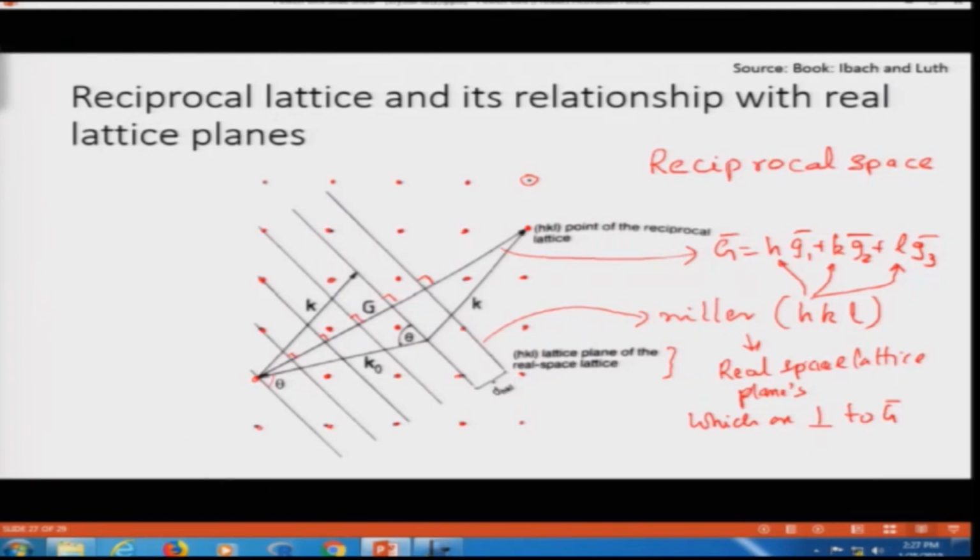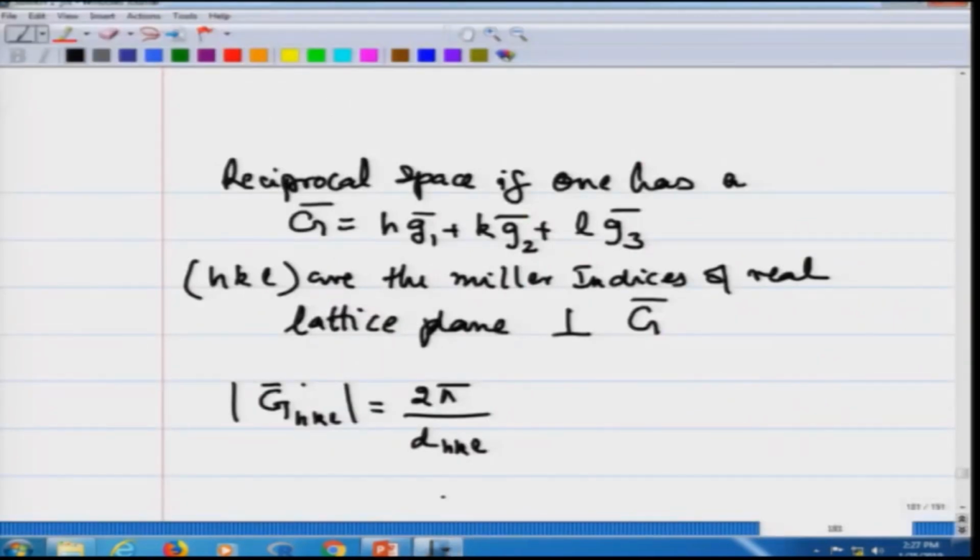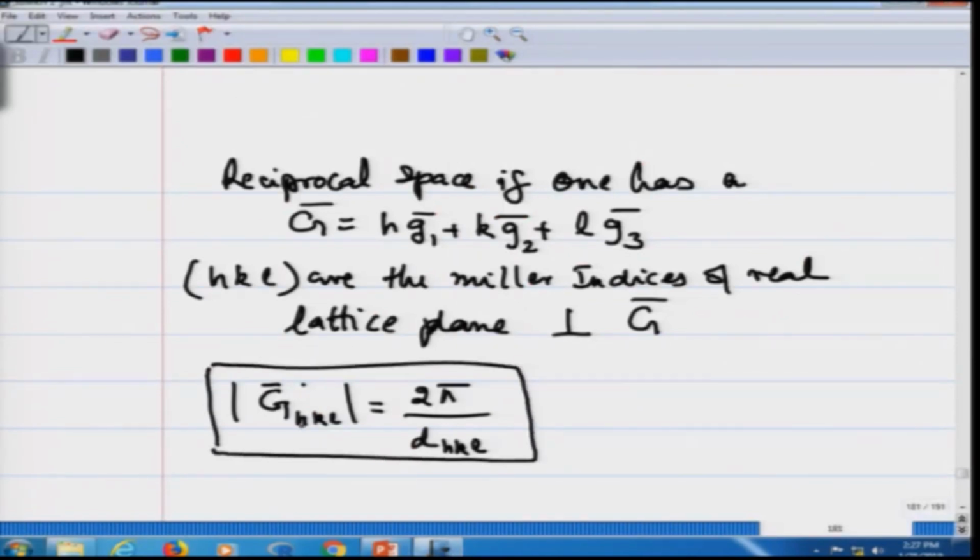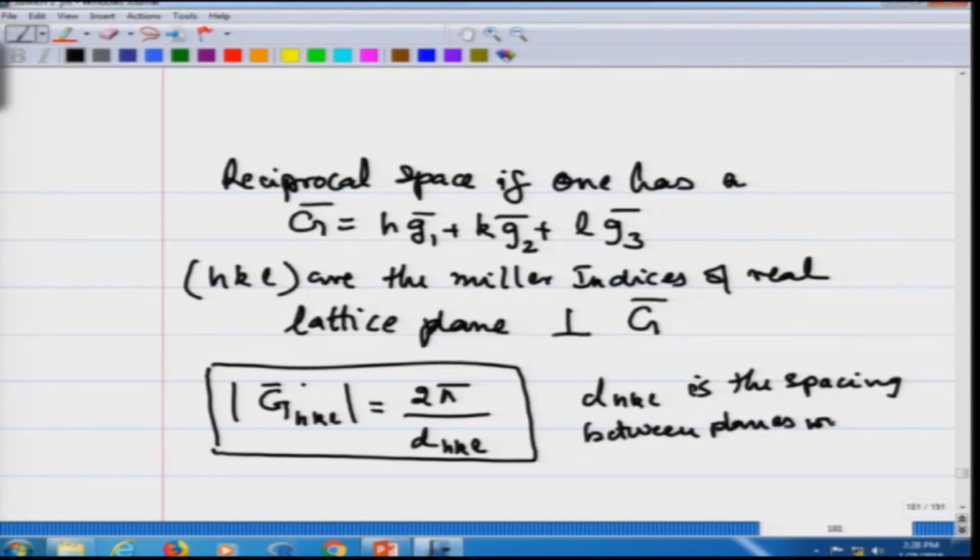So, from this result one knows that the relationship between this lattice vector which has components h, k and l in the reciprocal space is related to planes with Miller's indices h, k and l which are perpendicular to G having a planar spacing. d_hkl is the spacing between planes with Miller's indices h, k and l. This is an extremely important result.